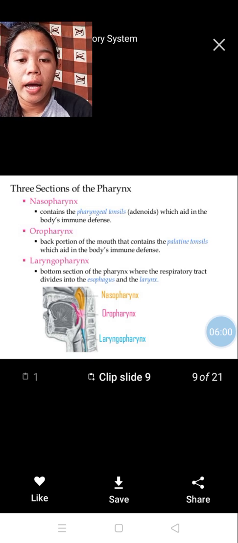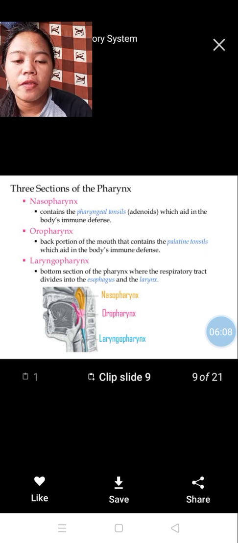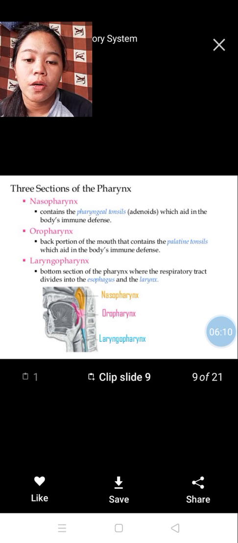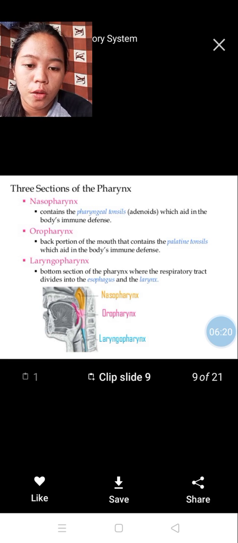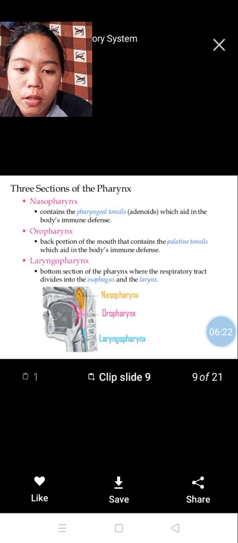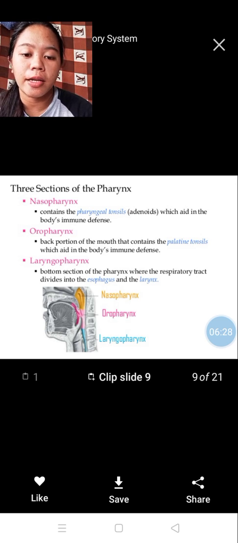It aids in the body's immune defense. Next is the laryngopharynx. It is the bottom section of the pharynx where the respiratory tract divides into the esophagus and the larynx. So we have here the diagram of the three sections of the pharynx. In the upper right, we have the nasopharynx, in the middle the oropharynx, and the last one is the laryngopharynx.